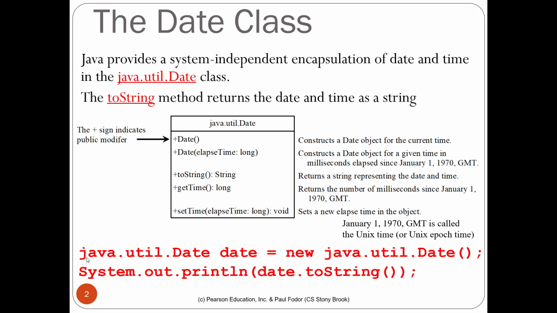And similarly for the constructor, you should give this complete description, which is new java.util.Date and then the parentheses. This is slightly different from the way I did in my demo. Then when you're printing it out, I did not use toString. If you want, you can use toString, or otherwise, if you don't call toString but there is a toString method written, then you'll get the call to toString.